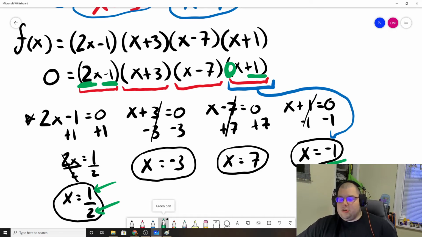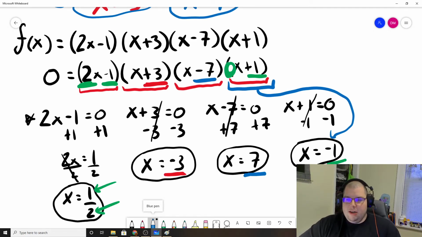But every time there's not a number in front of the x, it's literally just the opposite of the number that follows. So x plus 3, the 0 is then -3. X minus 7, the 0 is a +7.